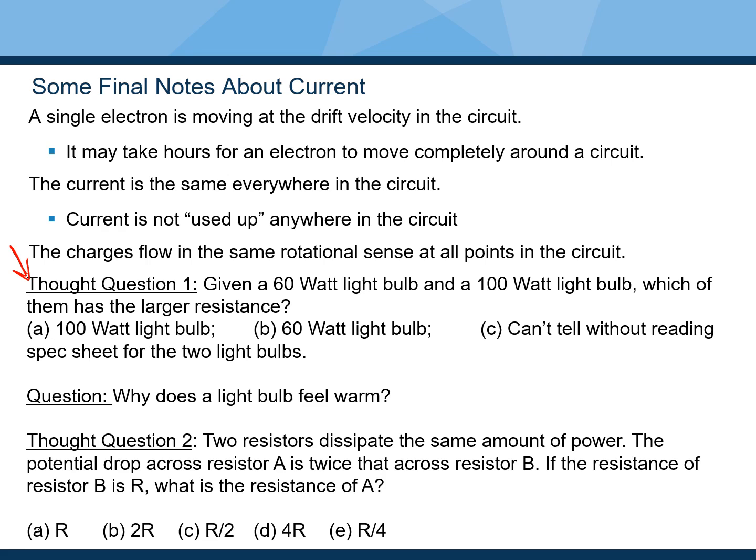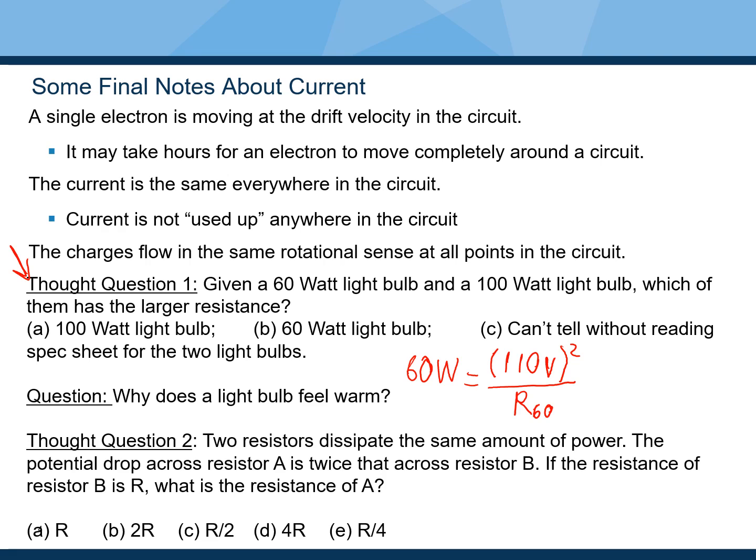So we can say that the power delivered by a 60-watt light bulb is just 60 watts. That's how much power is used up by the 60-watt light bulb. And that should be equal to 110 volts squared divided by the resistance of the 60-watt light bulb.